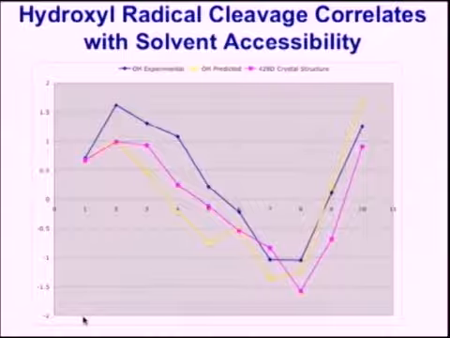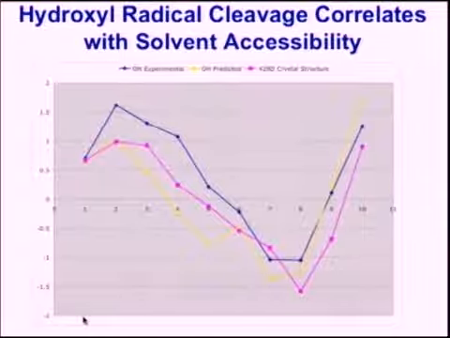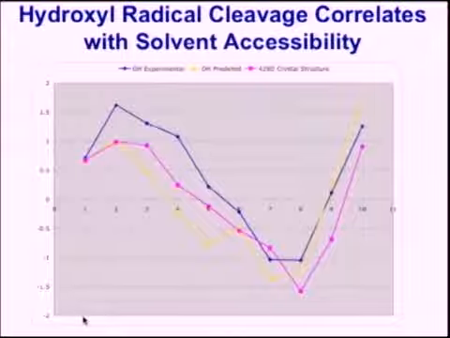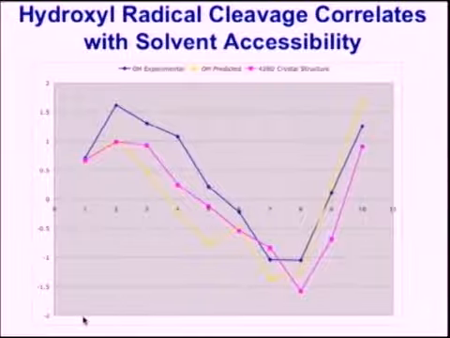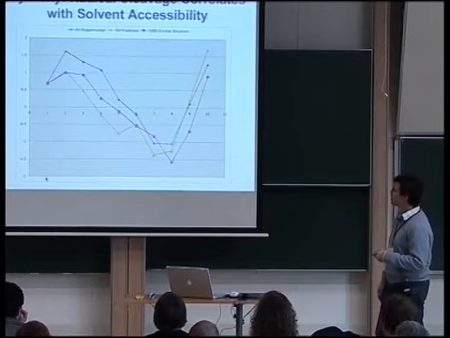So a couple of these colors aren't showing up. This particular line is showing you the experimental data with respect to the hydroxyl radical intensity. This particular region is called the Dickerson dodecamer. It's one of the famous 12 base pair sequences that was first crystallized and has been extensively crystallized and studied.